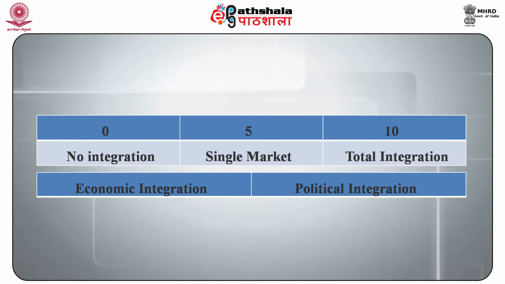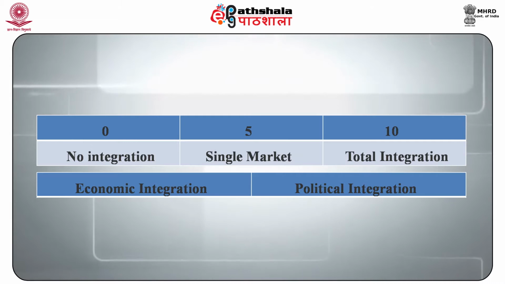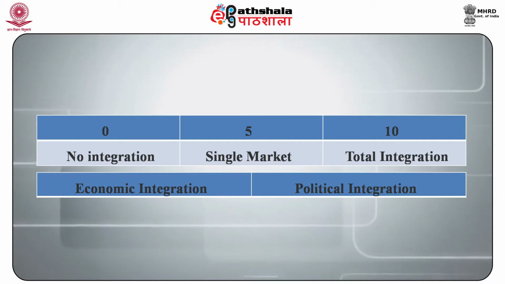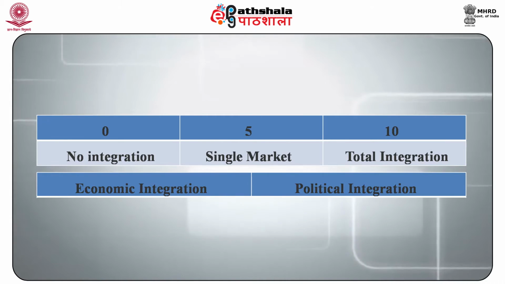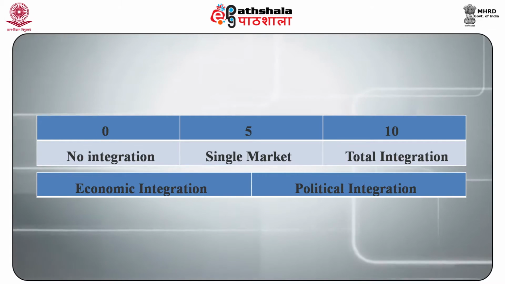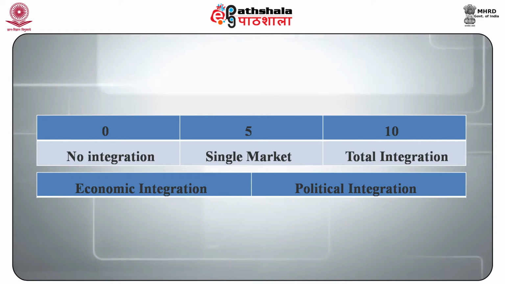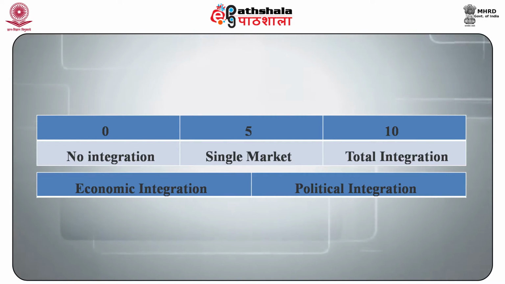This means that the integrating states would actually become a new country, a new entity, in other words, when total integration takes place. Considering this state, no integration would be a level when no such policy of integrating the states has been implemented.